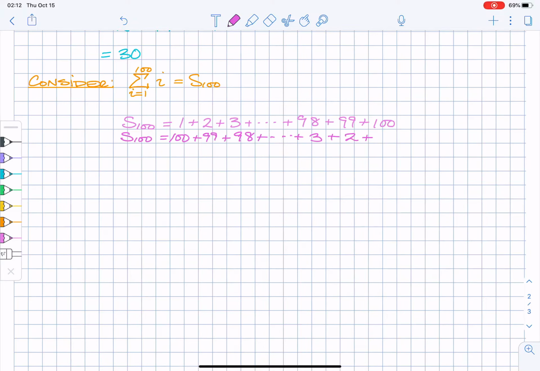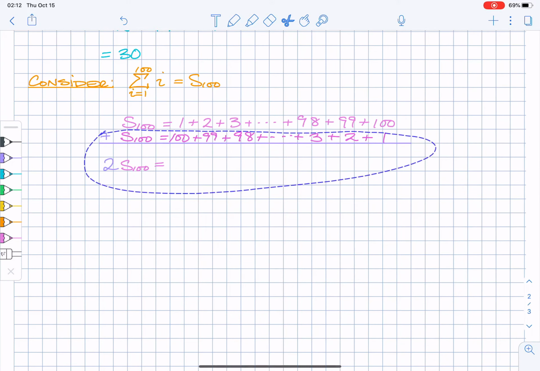Still the same sum. Okay, so what I'd like to do is I'd like to add these two together. So on the left-hand side, I'll have 2 of the 100th partial sum. But now, in fact, you know what? Maybe I should have left a line in between. I'm going to leave a line in between so you see what I'm doing here.